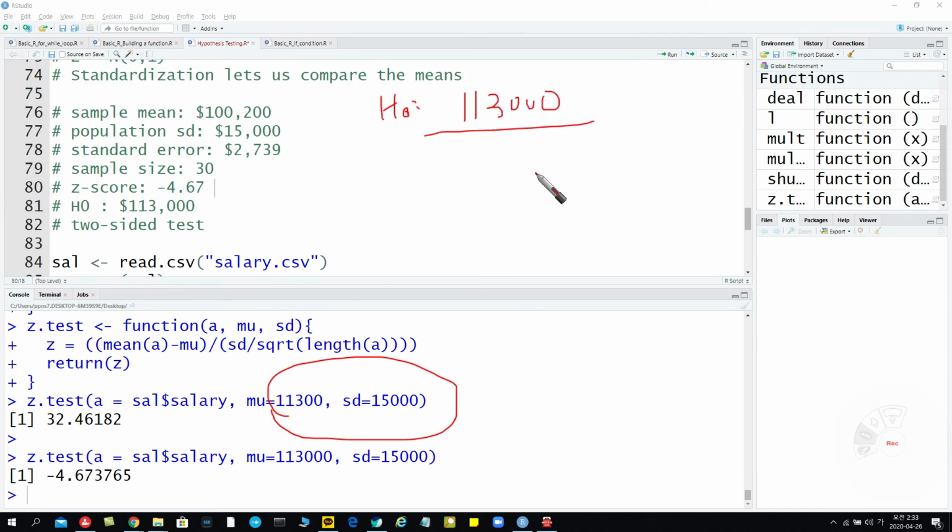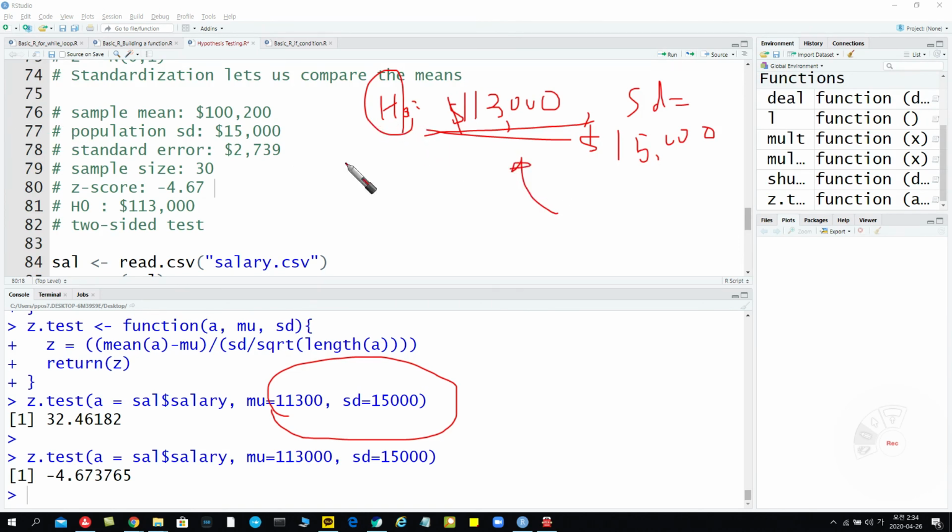The null hypothesis in general is that the mean salary of data scientists in the US is $113,000, and the standard deviation is $15,000. But we want to reject this null hypothesis.